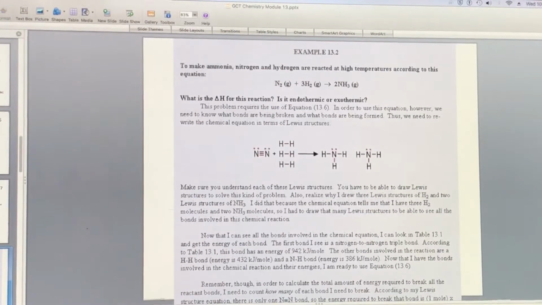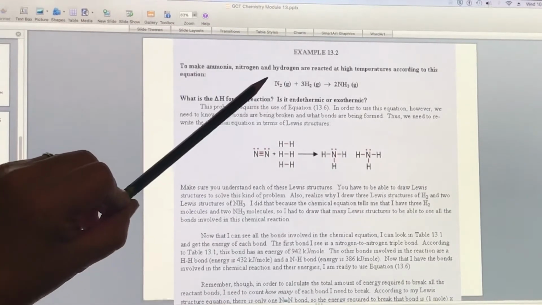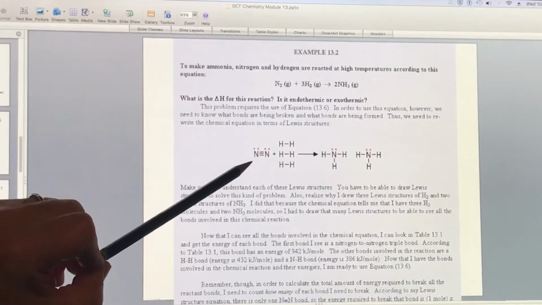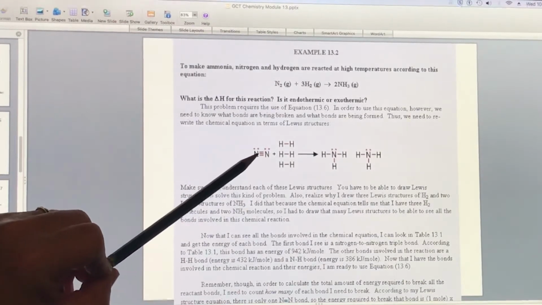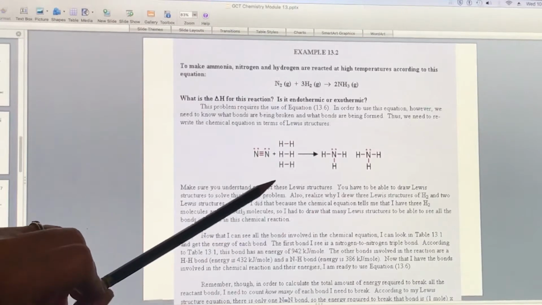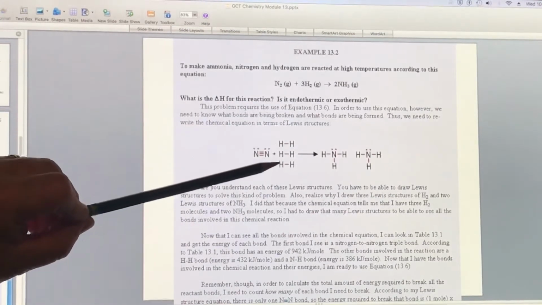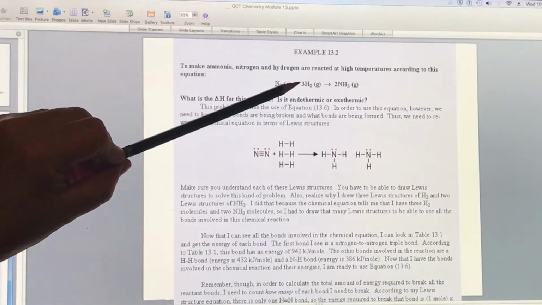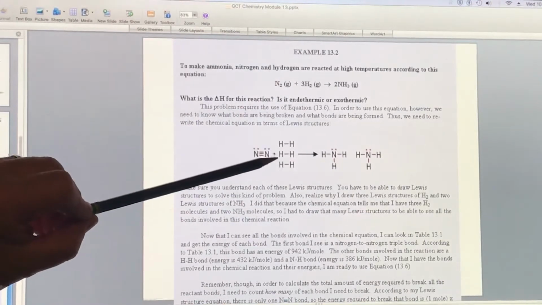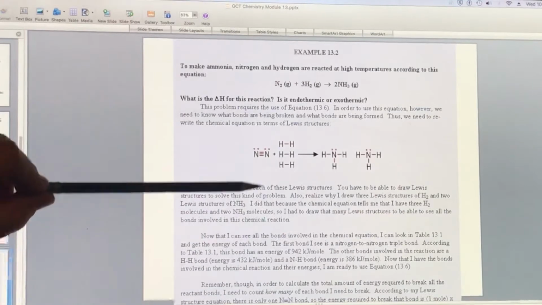The first strategy we're going to use for this is to create Lewis dot diagrams, and we can see for the diatomic nitrogen molecule, it has a triple bond connecting the two nitrogen atoms. And then for the hydrogens, we have 3 molecules of 2 hydrogens bonded together.